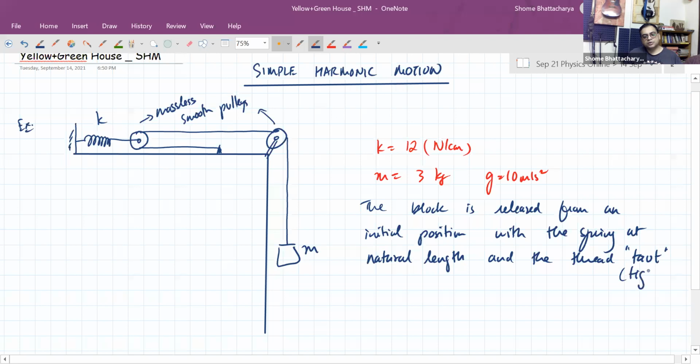Basically, the thread is just about tight. So we have to find omega and time period for the block's SHM.